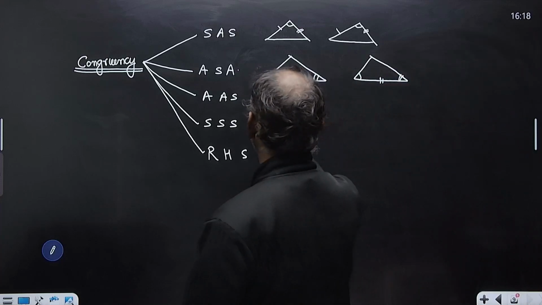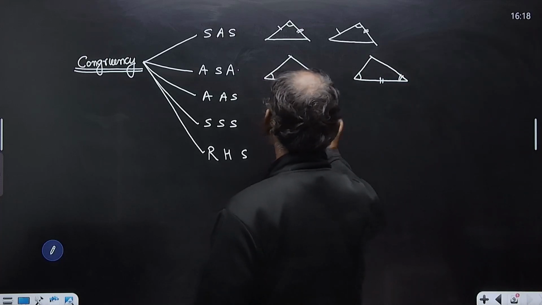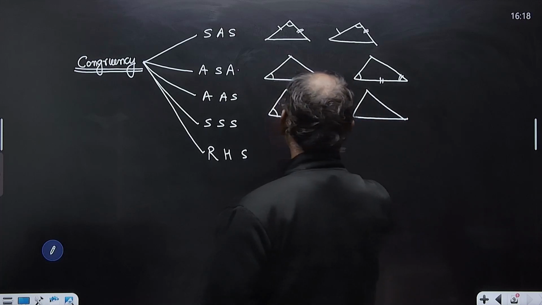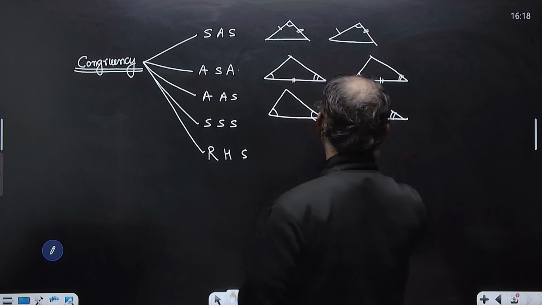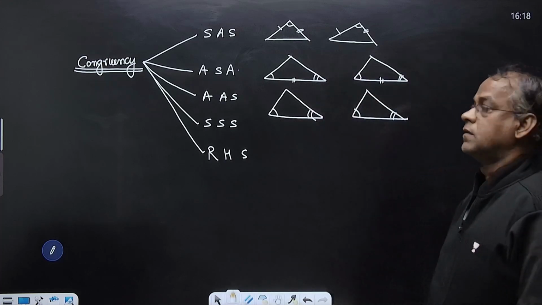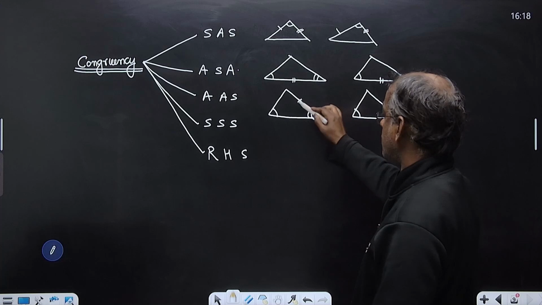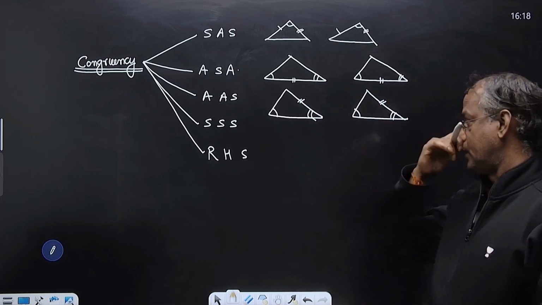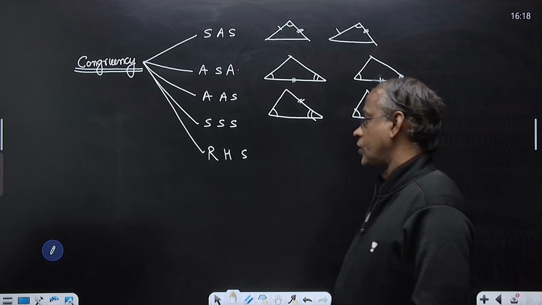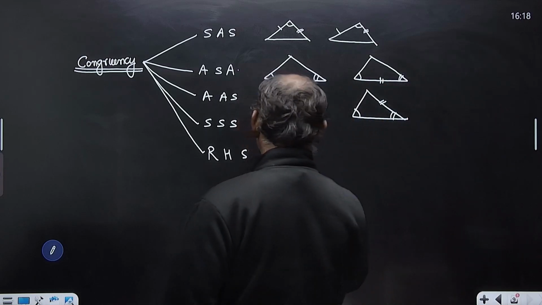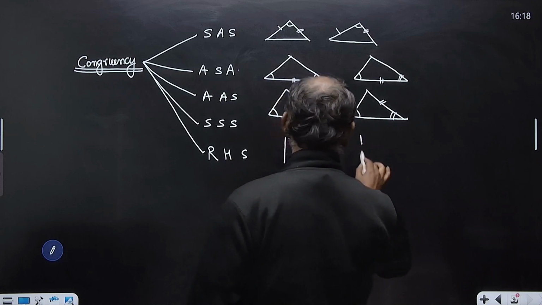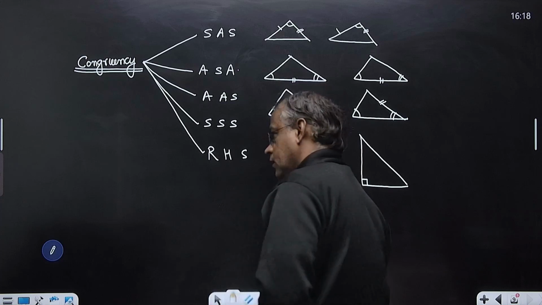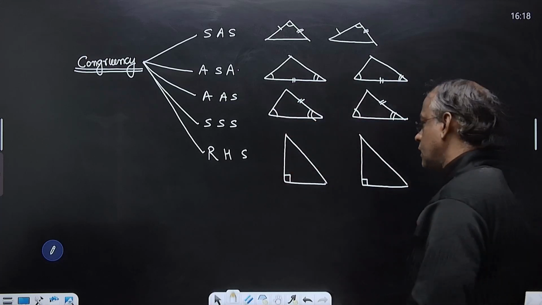Angle angle side would mean two angles and a side opposite to any one of these angles. Right hypotenuse side works because one of the angles is given to be 90 degrees. A lot of issues are sorted.